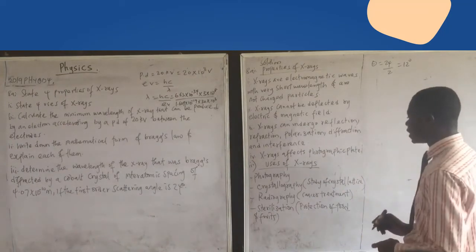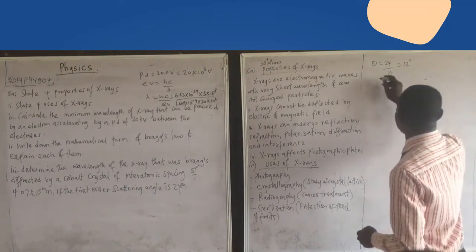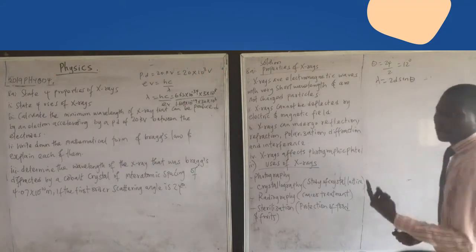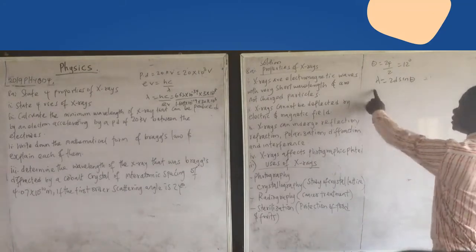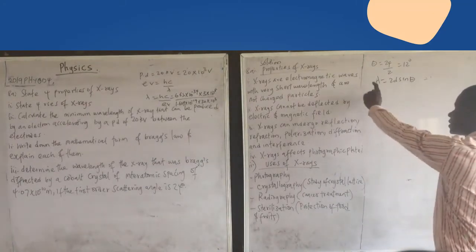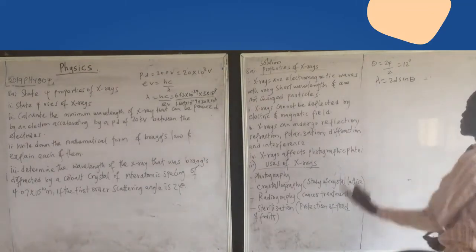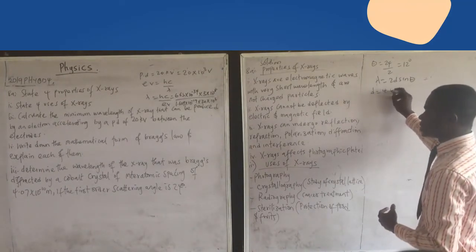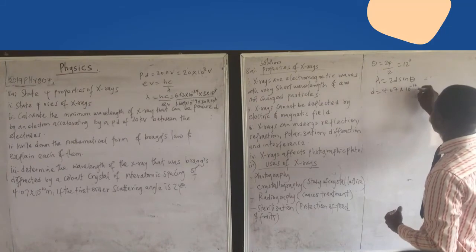And you know from your formula that n lambda equals 2d sine theta. n here is 1, so 1 times lambda gives you lambda. So lambda is 2d sine theta. Your d is 4.07 times 10 to the minus 10 meters.